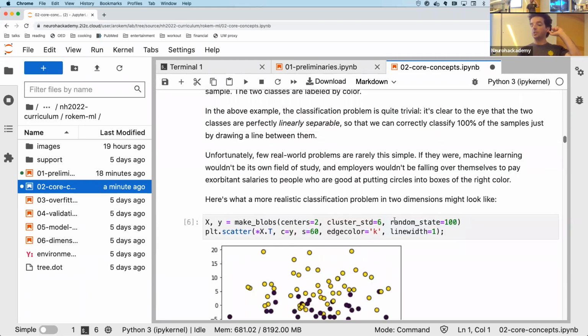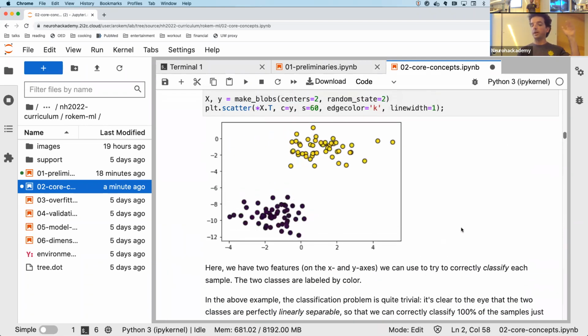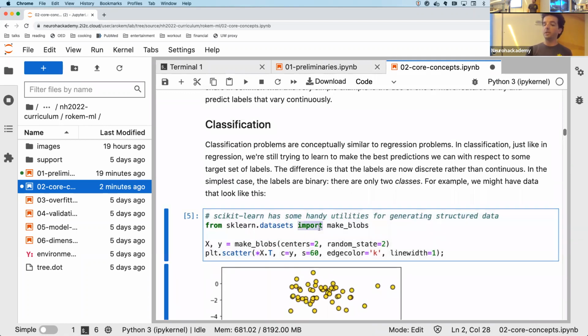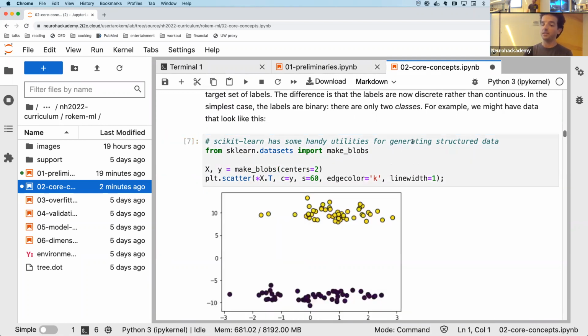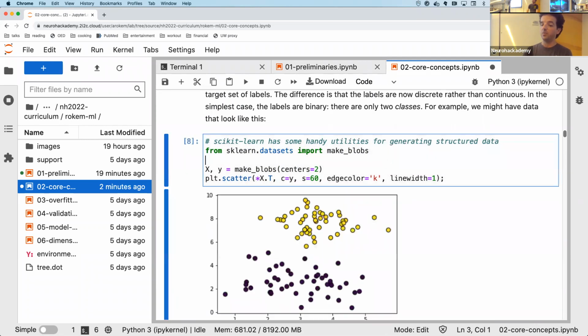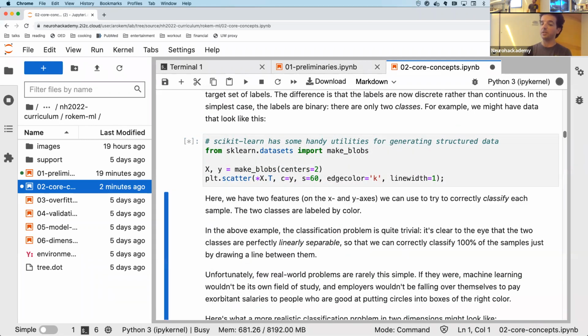Oh, random state, right? So I kind of went quickly here. In Scikit-Learn, there's a function that makes blobs. Here it's making some blobs over here, and random state is a way to fix the randomization. Usually when you run make_blobs, let me just not use this and show you what happens if I run this several times without it. Each time it does something different.